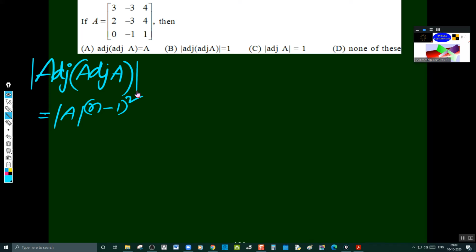You can have one more formula for adjoint A: if 3 adjoints will be there, then it will be det A power n minus 1 whole square. Okay? Come on, can you do that? Please help me out, anyone. Even if you don't know, you can find it out faster.